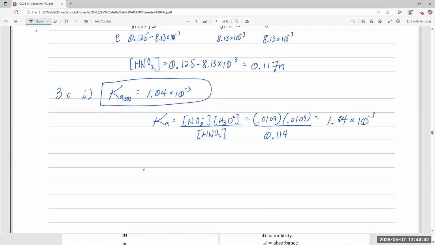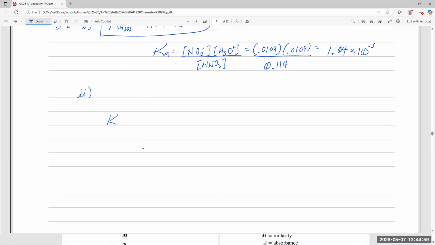All right, so let's go to Roman numeral 2. It's asking, is this reaction endothermic or exothermic? Justify your answer by comparing Ka values. So let's look at the Ka values. What's the first temperature? I'm going to go back to the problem.